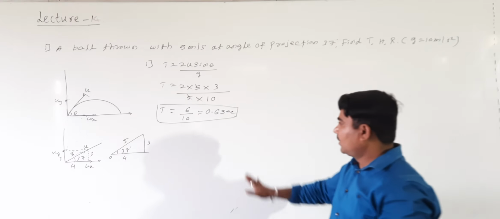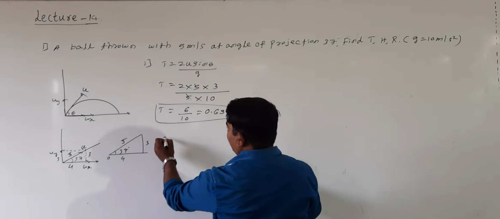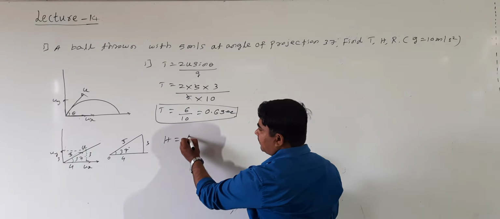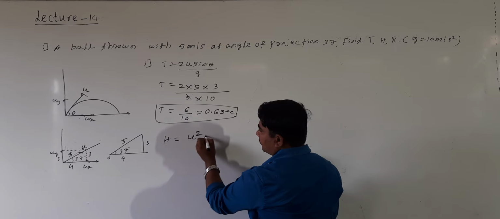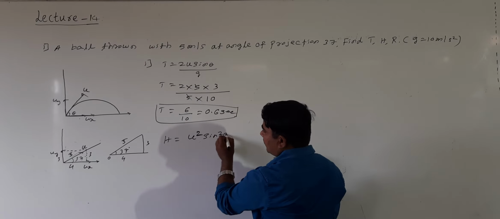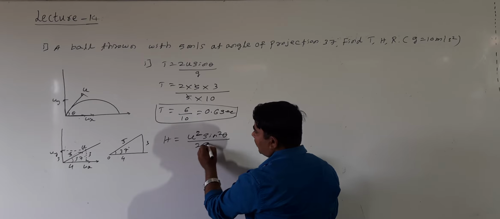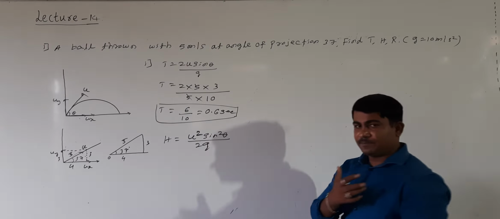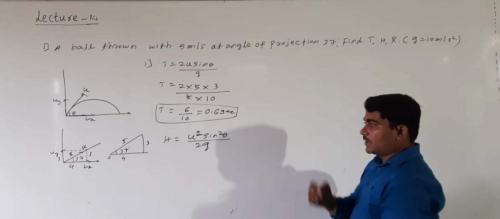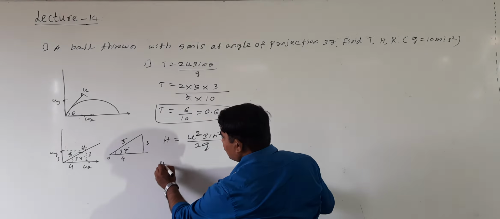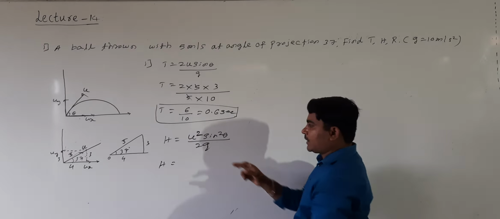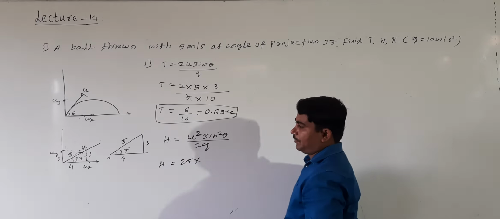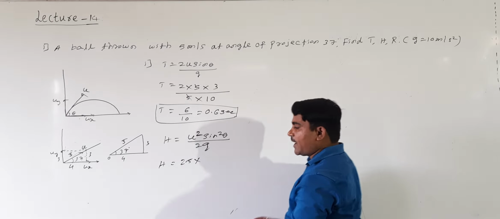After this, we will find the maximum height. What is that formula? Maximum height is u square sin square theta whole divided by 2g. Right or wrong, students? Let us find the solution again. u is 5, u square is 25. Sin theta is 3 by 5, opposite by hypotenuse.